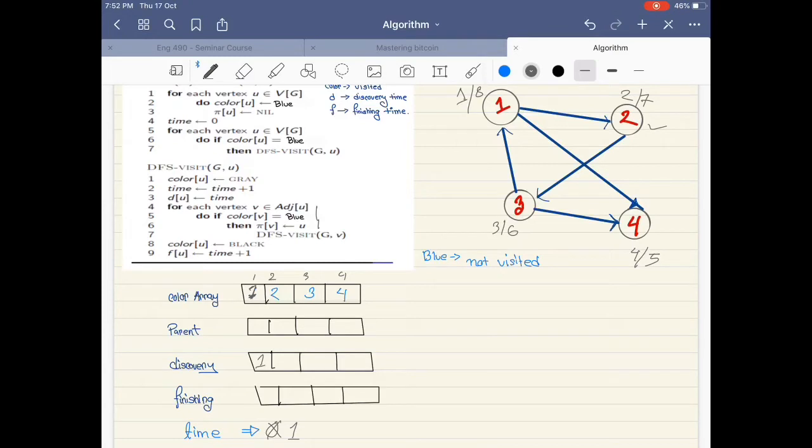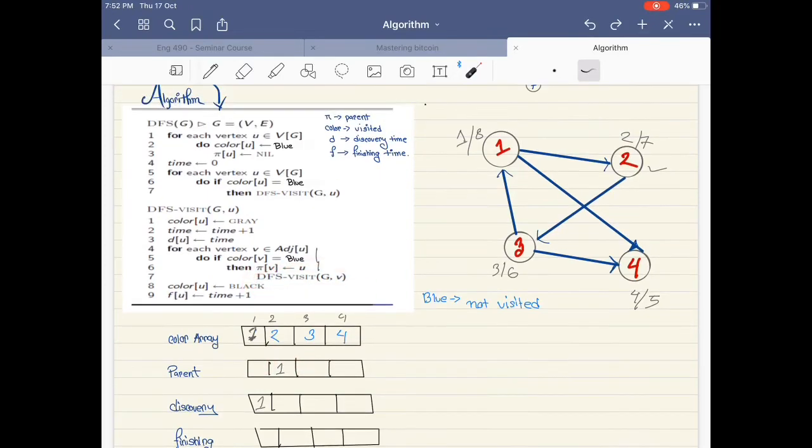Is 2 blue? Yes, 2 is blue. So we make the parent of 2 be 1. From the graph here we can actually see the parent of 2 is 1. So we put 1 as the parent, and then this whole function is called again, thus the recursion process is going on.